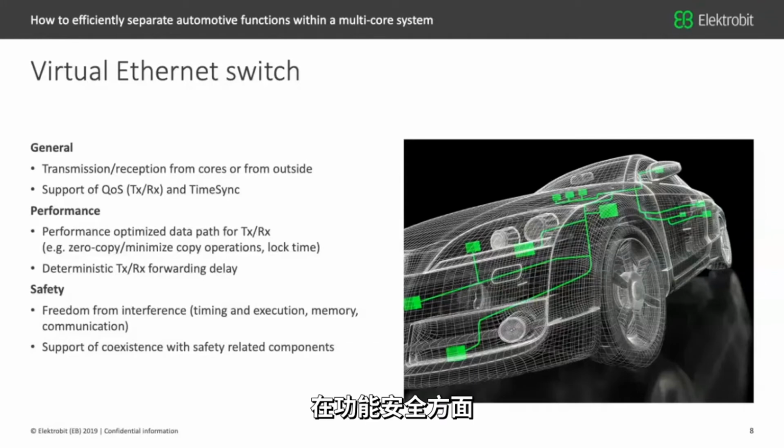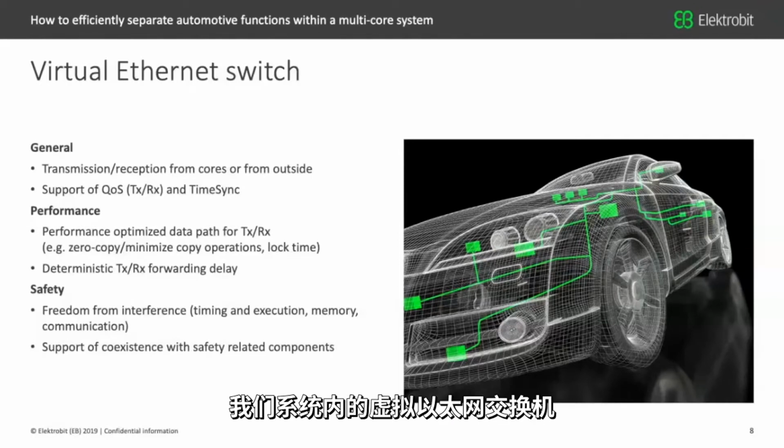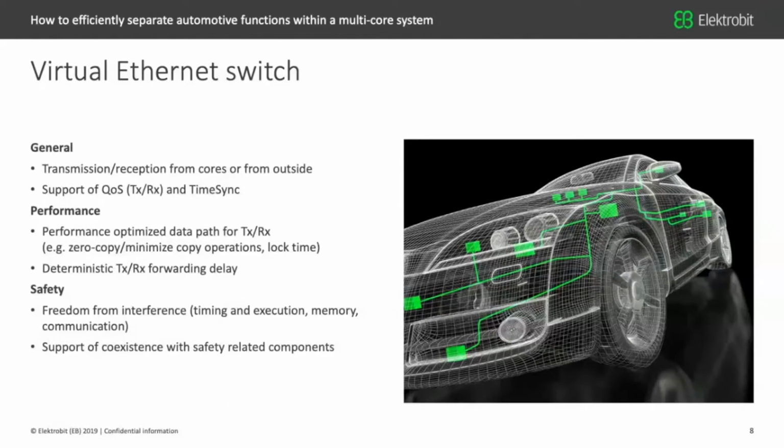On the safety side, we also have the possibility of a freedom from interference argumentation on all three domains. So timing and execution: here we have the possibility to supervise the virtual Ethernet switch within our system by using a watchdog stack, which is provided by Electrobit as well.